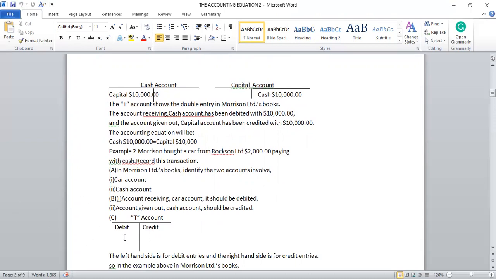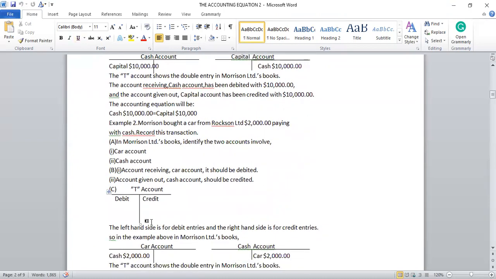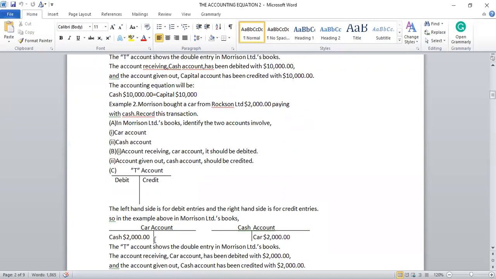Then the third step, C, you draw your T account. The left-hand side is for debit entries and the right-hand side is for credit entries. So in the example above, in Morrison Limited books, you have the car account debited with $2,000 cash.